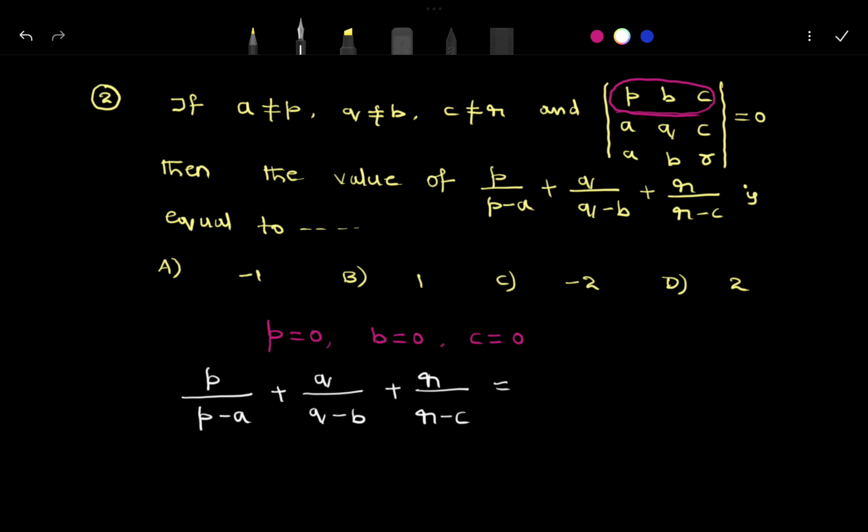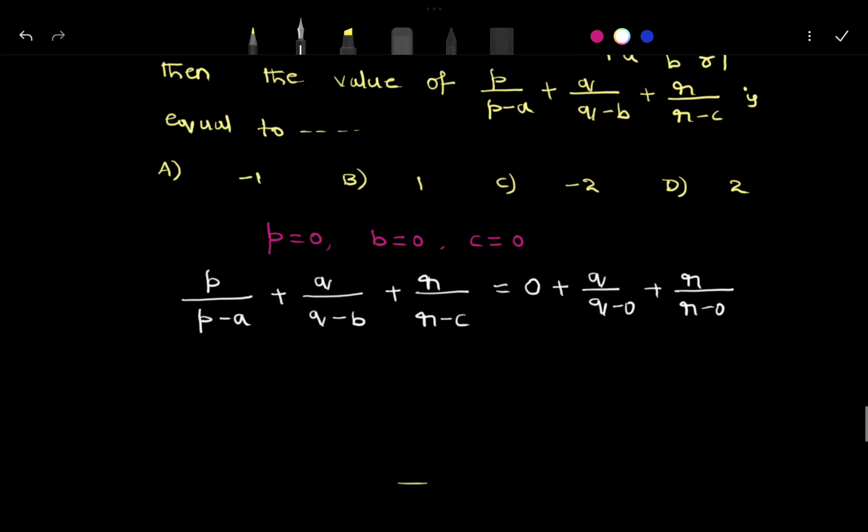P by P minus A, 0 by something will be 0, plus Q by Q minus B, that value will be Q by Q minus 0, plus R by R minus C, that means R by R minus 0.